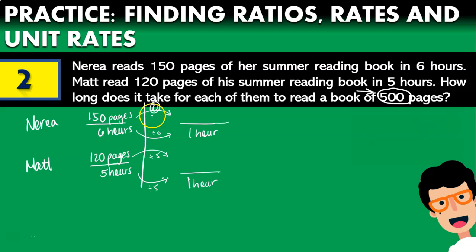And in Nerea's case, we divide both the numerator and the denominator by 6. That way, we're guaranteeing that we just get 1 hour. So 150, we're going to divide that number by 6, and that's going to be 25 pages. And 120 divided by 5 is going to be 24 pages. So that means Nerea reads 1 page more per hour.